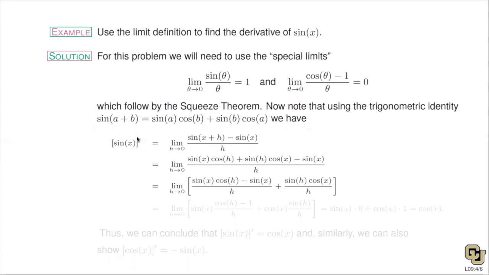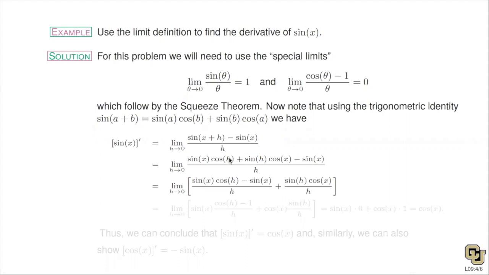Here I broke it up into two fractions. It originally was a single fraction. The entire thing was over h with a plus right here. And so there's the sine x that I moved. So I take the single fraction and break it up into two fractions.